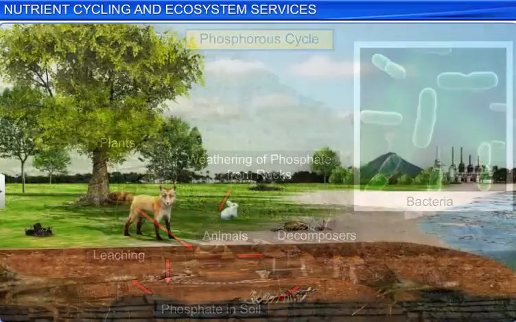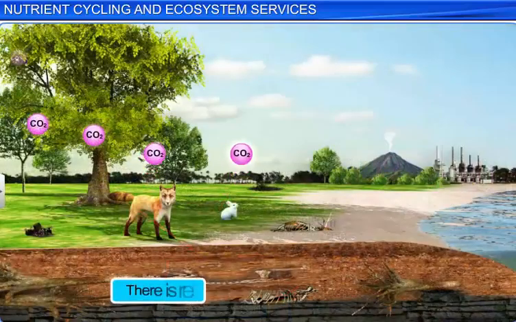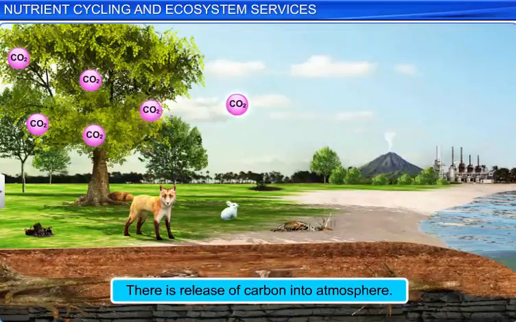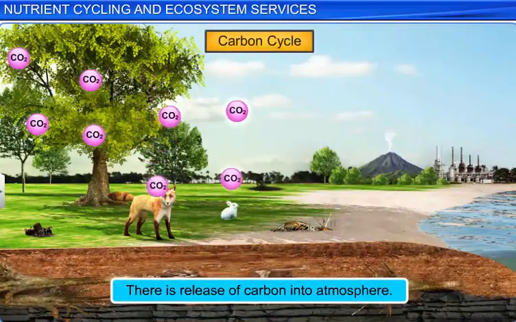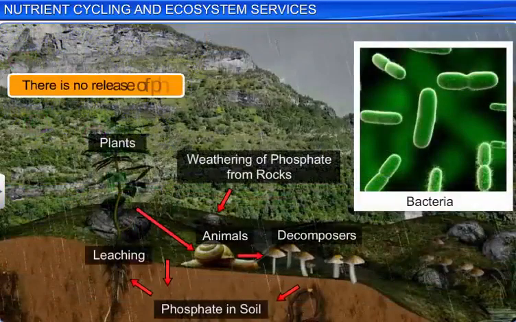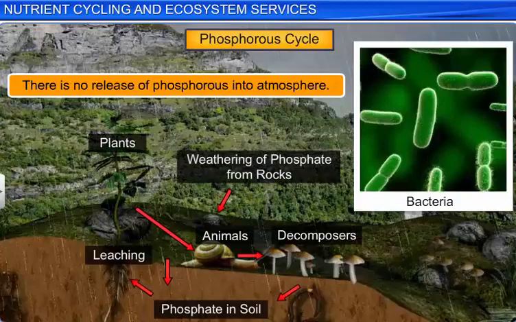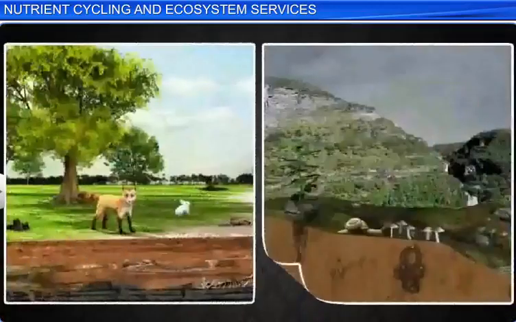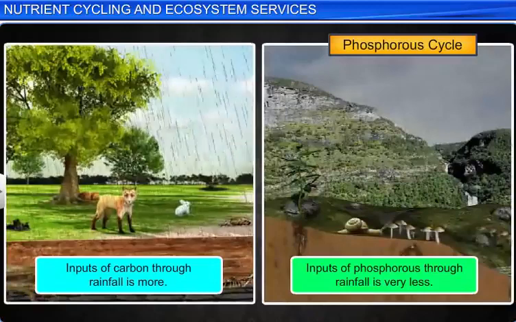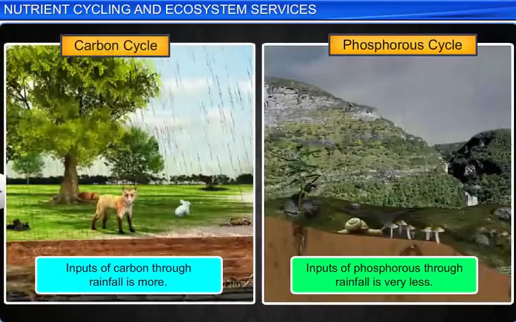However, unlike the release of carbon into the atmosphere in the carbon cycle, there is no release of phosphorus into the atmosphere in the phosphorus cycle. Furthermore, inputs of phosphorus through rainfall are much less than that of carbon.